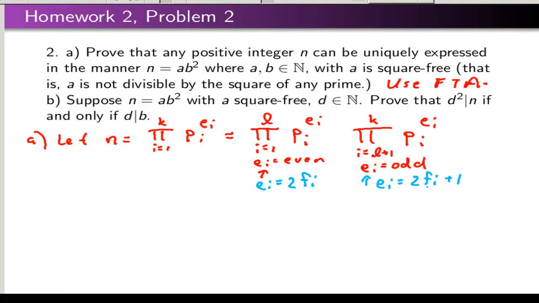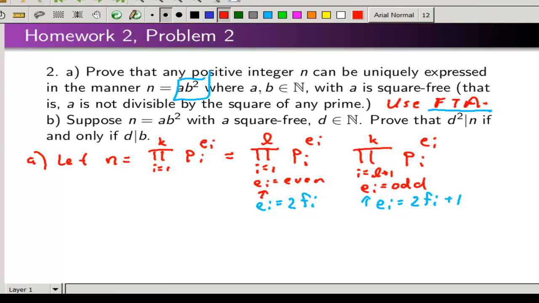These fi's could, of course, be 0, maybe it just occurs to the first power. Then regroup things to get it expressed in the form a b squared, and use the uniqueness in FTA to show that this is really a unique decomposition.